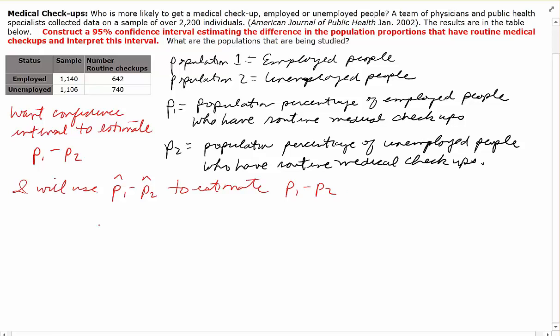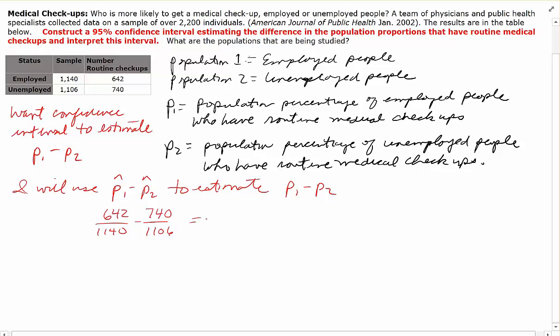To calculate these sample percentages, I get the information from the table, and there were 642 out of 1,140 employed people that had routine medical checkups, and 740 out of 1,106 unemployed people that had routine medical checkups.